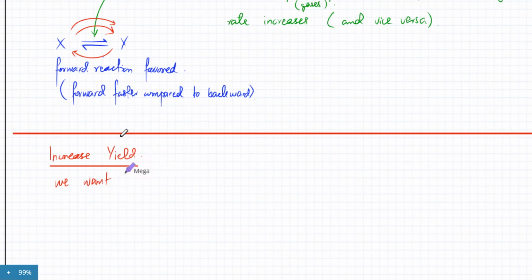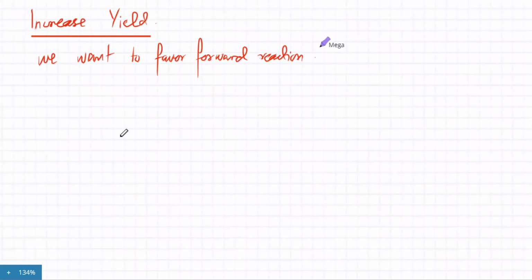We want to favor the forward reaction. We want the products to be formed. So we want the forward reaction to be favored. That's the first basic thing.